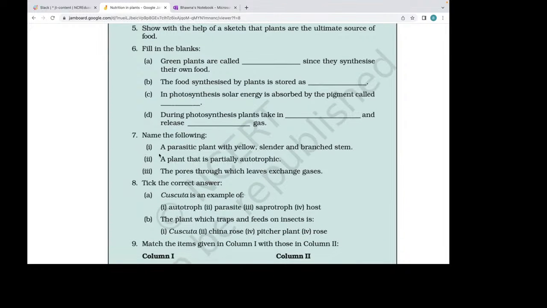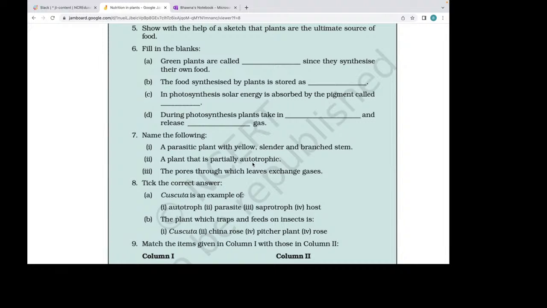The seventh is: name the following. A parasitic plant with yellow, slender, and branched stems. So, which was that parasitic plant? It was Cuscuta. All right, Cuscuta. Now, a plant that is partially autotrophic.